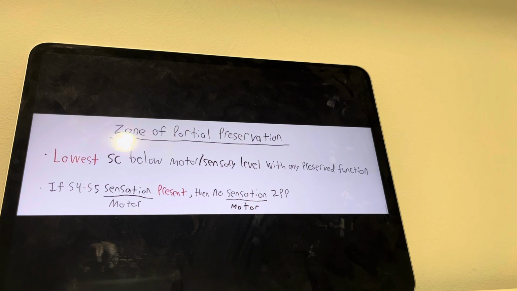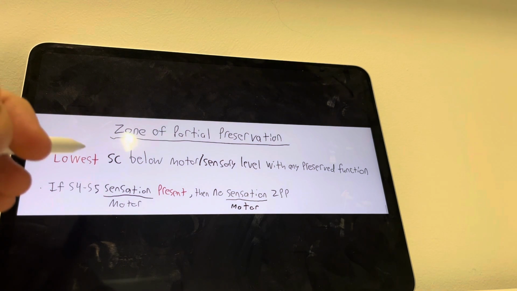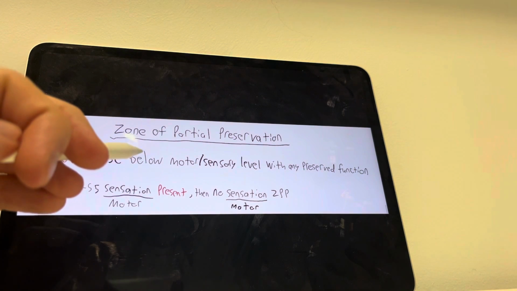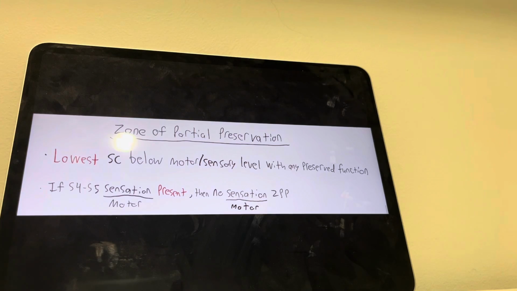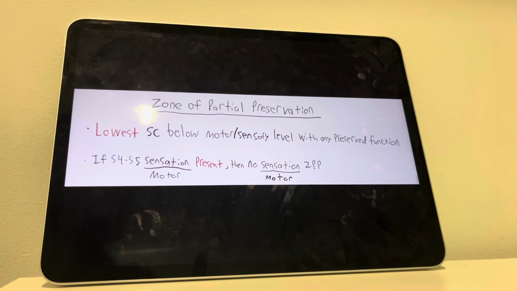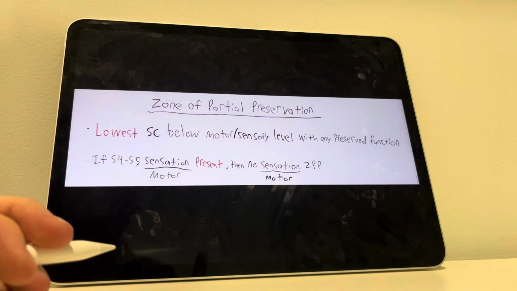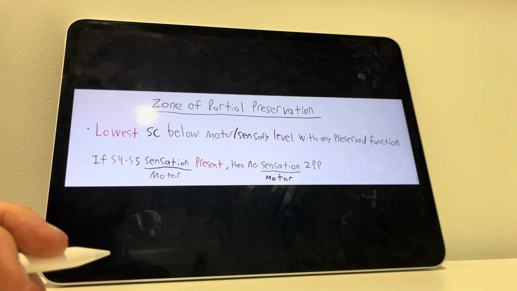Related to the ASIA score is zone of partial preservation. Zone of partial preservation is the lowest spinal cord segment below the motor level or sensory level with any preserved function. For a zone of partial preservation to be in place, there cannot be any sensation or motor function present at S4 or S5.